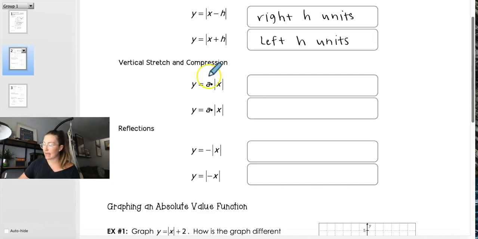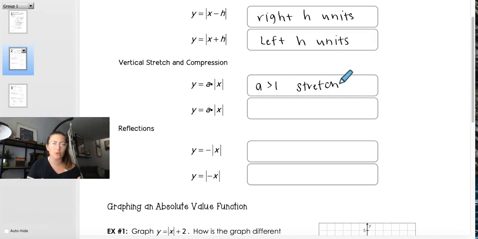So, like we were saying, if we wanted this thing to stretch, we would want to multiply it by something bigger than 1. So if a is bigger than 1, we would have a stretch. And if we wanted to shrink it or compress it, a would have to be between 0 and 1. So again, I think fractions, just be careful, your fraction still has to be between 0 and 1.